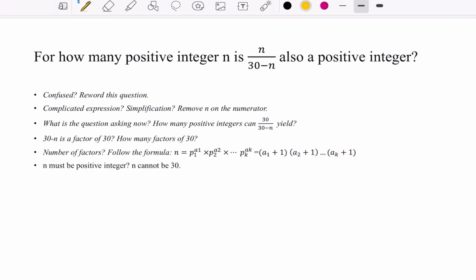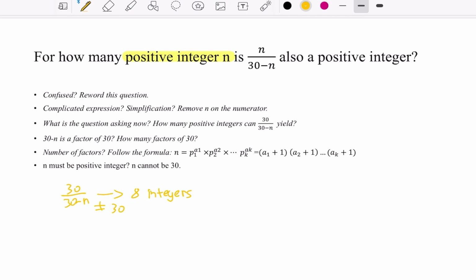We're not actually finished because bear in mind that the question states n is a positive integer here. Therefore, let me write this down. 30 over 30 minus n is only generating 8 integers. 30 minus n cannot be equal to 30, which is one of the factors of 30.